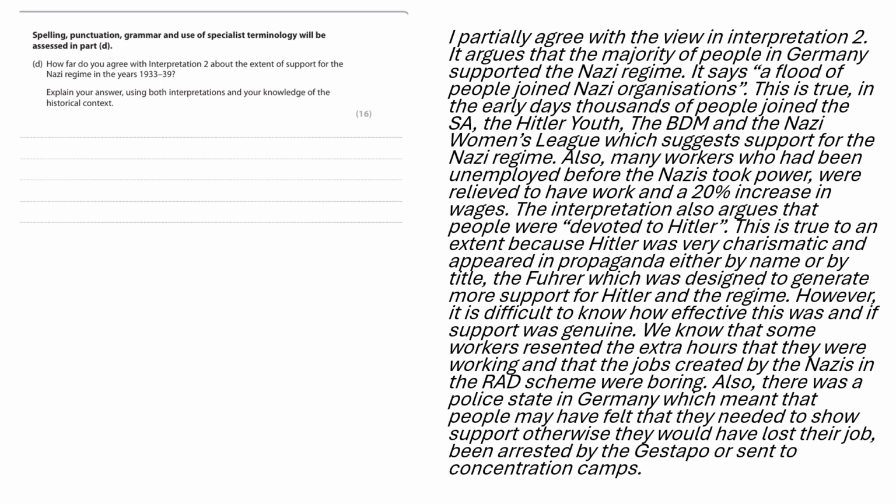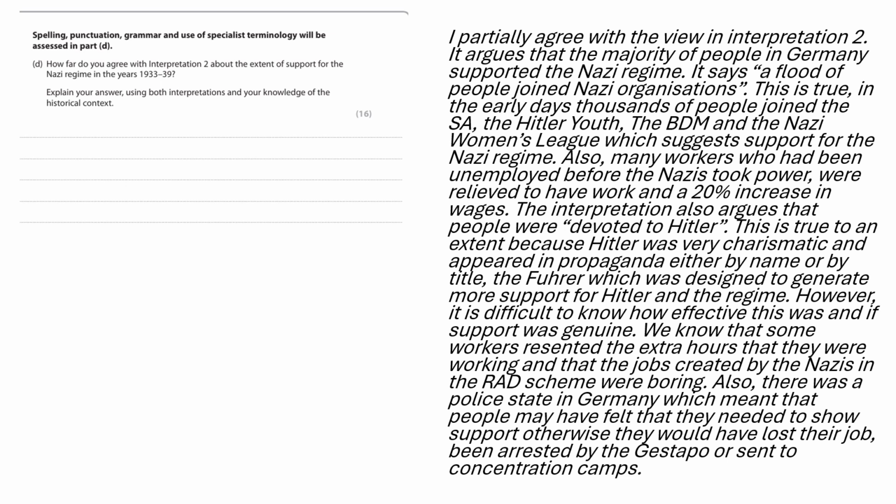It argues that. It says, this is true, adding your own knowledge. The interpretation also argues that. This is true. And then if you can challenge it, however, you would write down your information to challenge it.